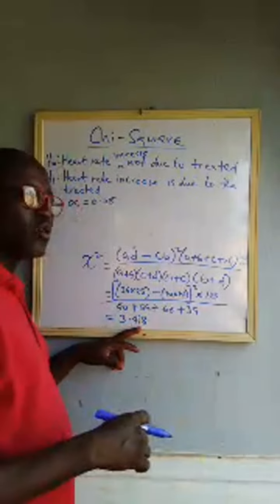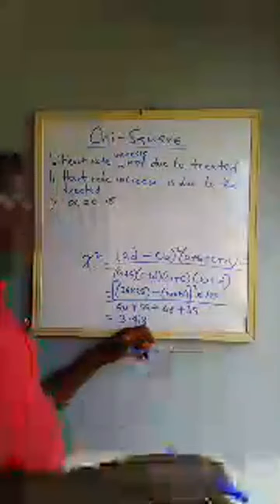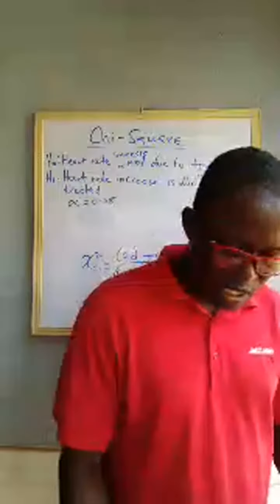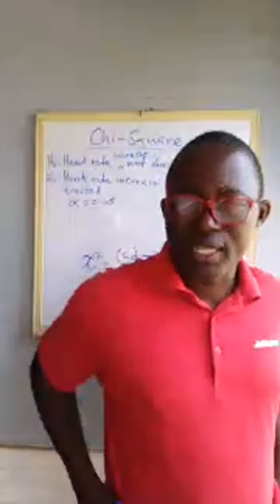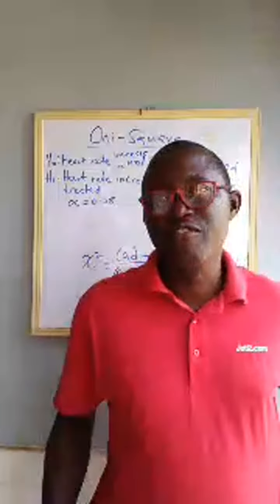So when we compare this with what is on the table, then we make a conclusion. Alright, so when we go to the table, if you open your statistical table under chi-square test, you look for the 5%.